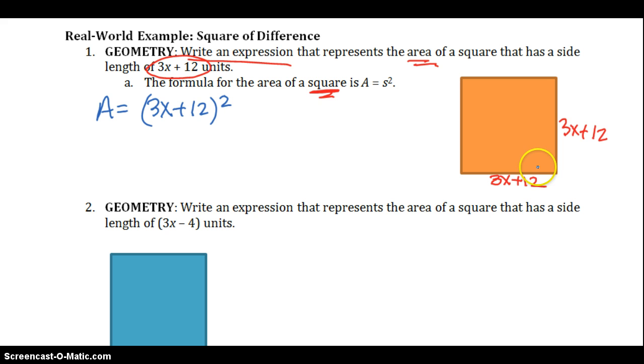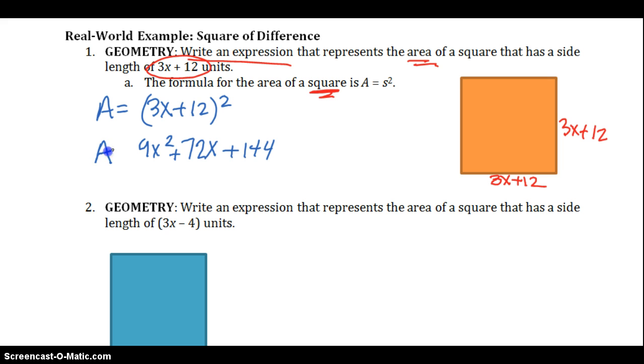So length times width, or side times side, in this case because it's a square, they're the same number times itself. And now if we apply our shortcut, the first term squared, the last term squared, and because it's a plus, it's the sum of two numbers, it's going to be positive, and it's going to be 3x times 12, which is 36x, times 2, and 36 times 2 gives us 72x.